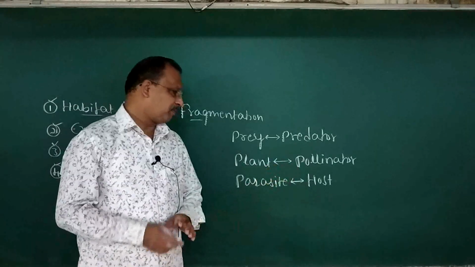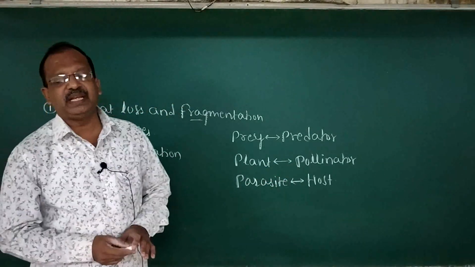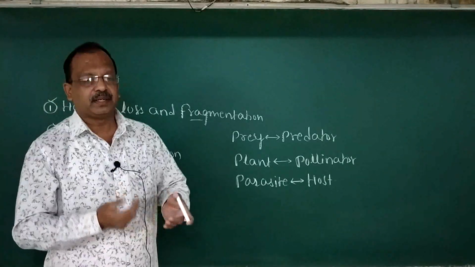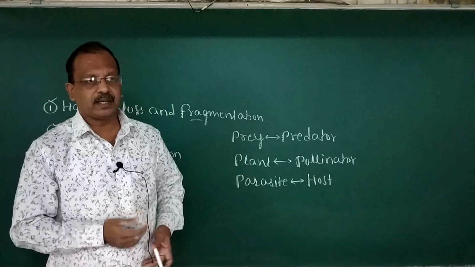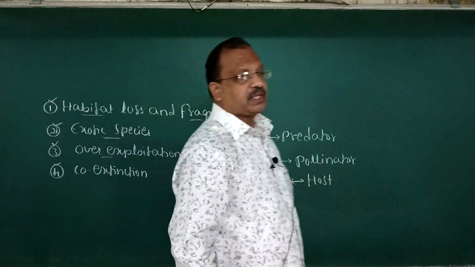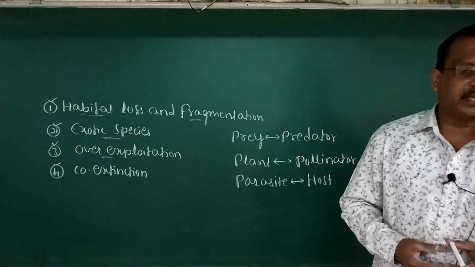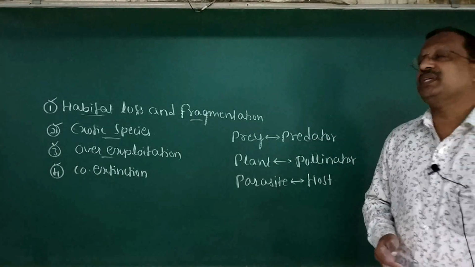Same way, another example is plants with that of the pollinators. This matter we have come across under mutualism. Mutualism means where both the partners will get benefit, or you can call it a symbiotic association.